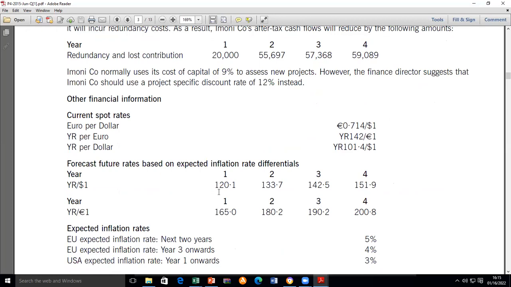My first question is, have you tried and have you figured out how the calculations are done? Did you figure out how these forward rates were calculated?